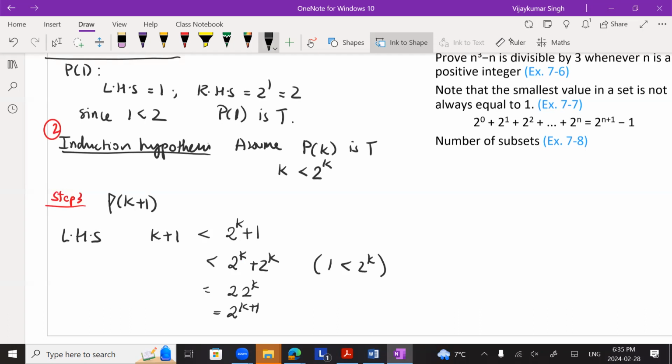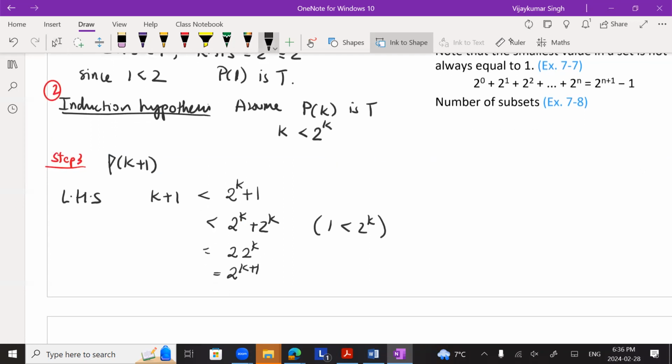You may think, oh, this is a wild approximation. Yeah, it's true. So this is one way of doing it. So therefore, this is P of k plus 1 on the RHS. So we can say that P of k plus 1 is true.